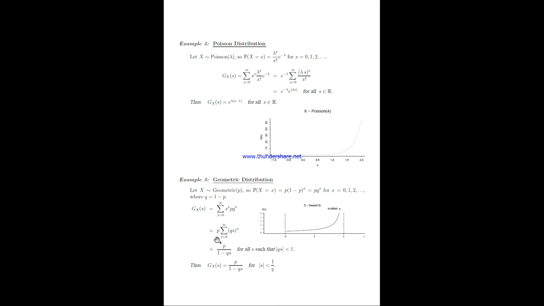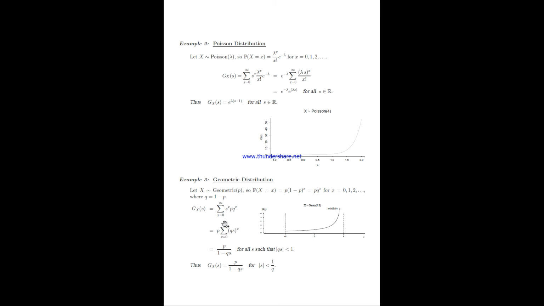So we take p out and then write q s to power x, where x goes from 0 to infinity, right? And now this is a common summation, the geometric series.